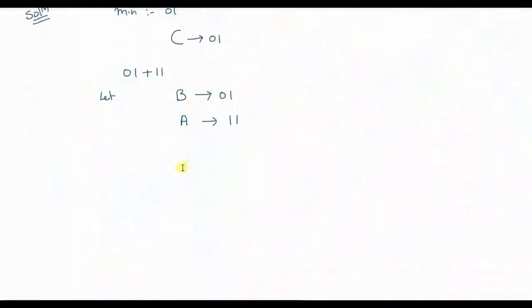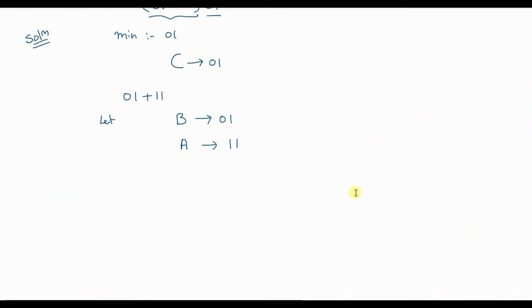So we are going to introduce another non-terminal, say M gives A slash B. So this particular M is going to either give you A, that is 1, 1, or it is going to give you B, that is 0, 1. Agreed? Correct?